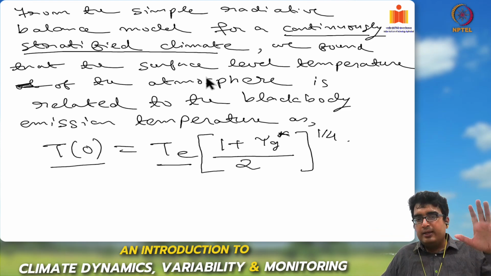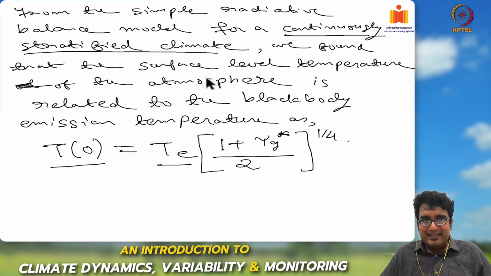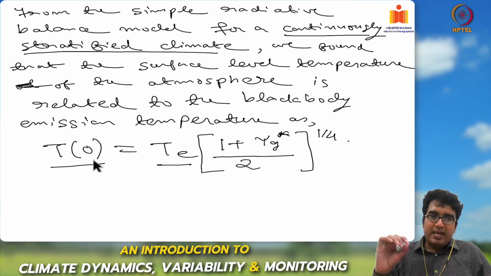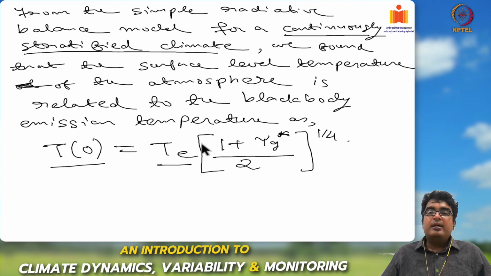We found that the temperature of air near the ground, T0, is equal to the blackbody emission temperature TE into (1 plus tau star g by 2) to the power 1/4.